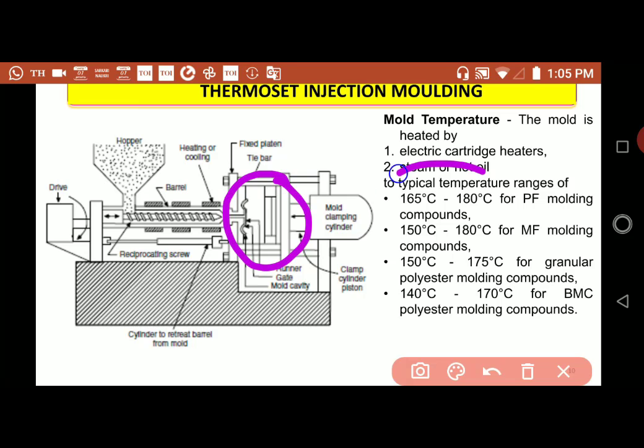Normally 165 to 180 degrees centigrade for phenol formaldehyde, 150 to 180 for melamine formaldehyde, 150 to 175 degrees centigrade for polyesters, and 140 to 170 degrees centigrade for bulk molding compounds should be maintained. These are the molding temperatures we have to maintain so that when the material gets filled into the mold, it gets cured. Once it gets cured, the product is finally formed and it is ejected.